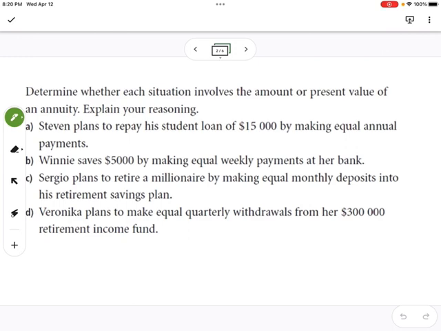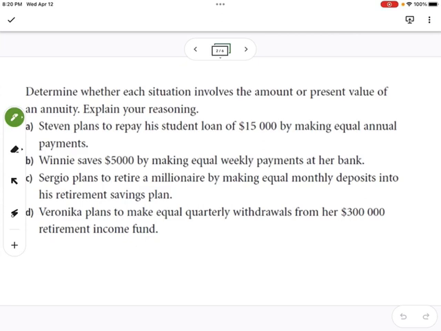Okay, so first we're going to look at examples, and we're going to determine whether we're going to use the future value or amount formula, or the present value formula. First one, A: Stephen plans to repay his student loan of $15,000 by making equal annual payments.